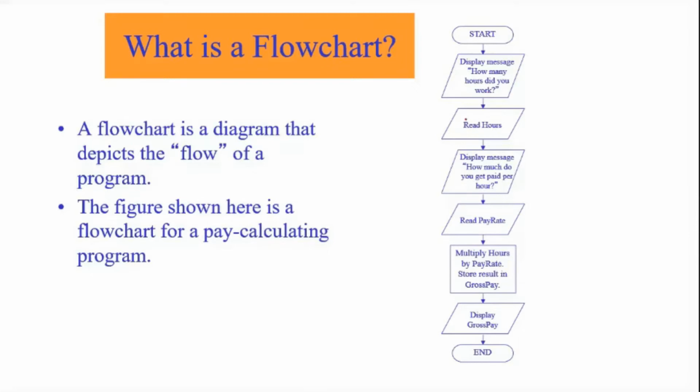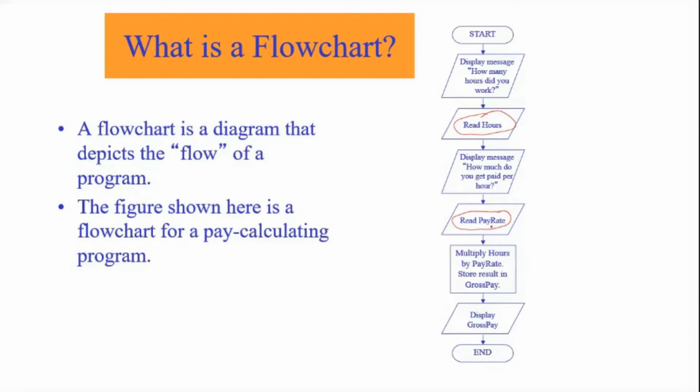Then we have to input the number of hours that we work, so the program reads the hours. Then the next message pops up: display the message, how much do you get paid per hour? Then we read the pay rate, the rate at which we are being paid.